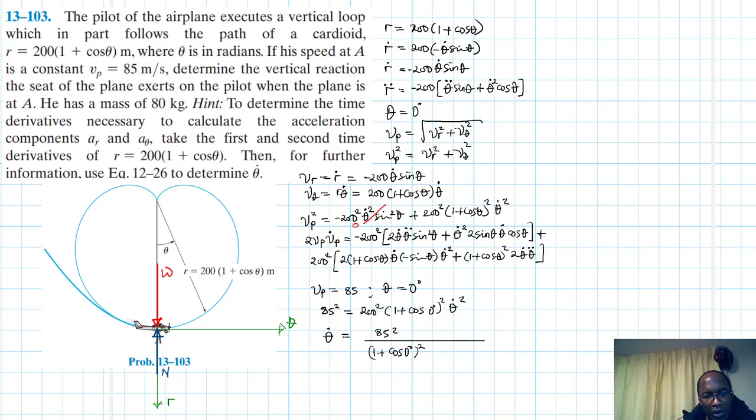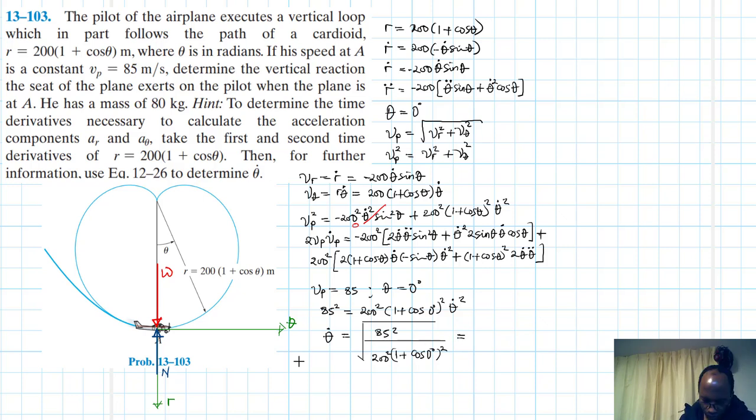Of course, we do have a 200. Let me move this. We do have a 200 like so. Then we are moving everything under the root like so. And this is just going to be equal to, let's work it out.